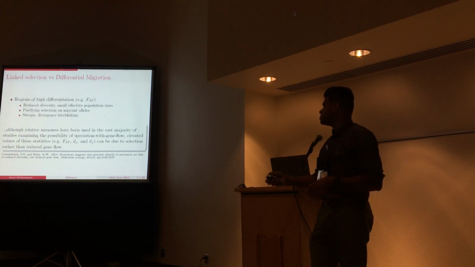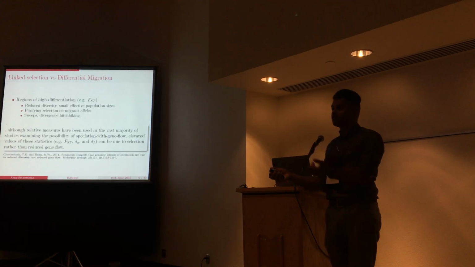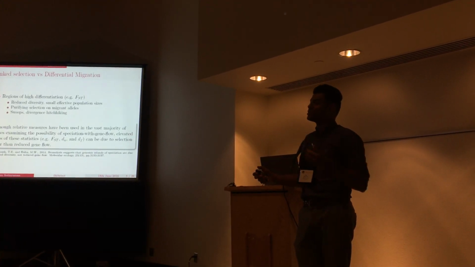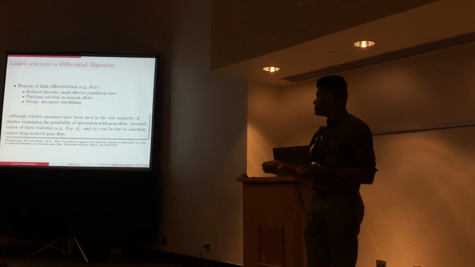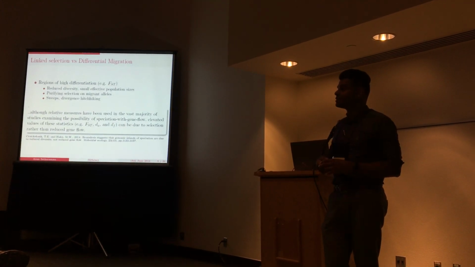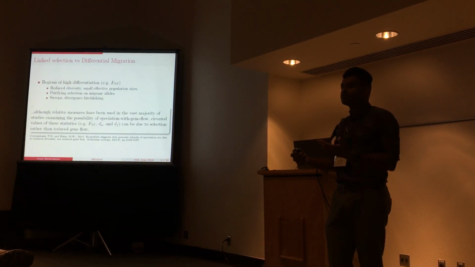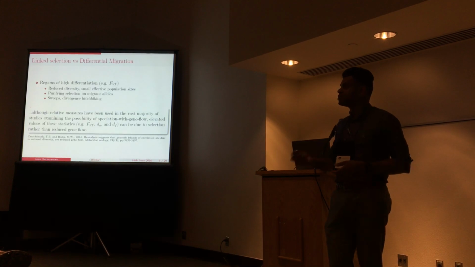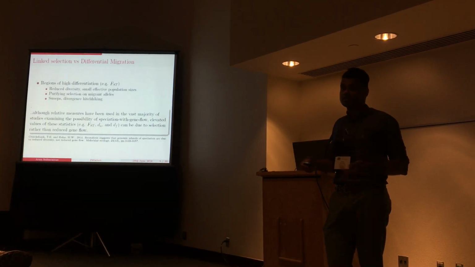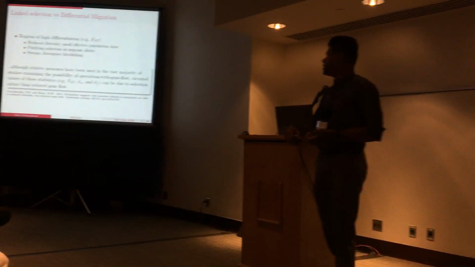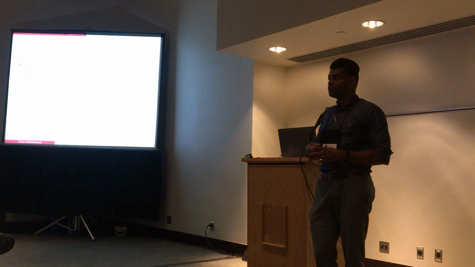It could be due to differential introgression or positive selection, negative selection against migrant alleles between two populations. Or it could be due to sweeps and divergence hitchhiking, which is basically just linked natural selection at neutral sites: because there's a sweep going on somewhere else, you have reduction in diversity at neutral sites by virtue of that.